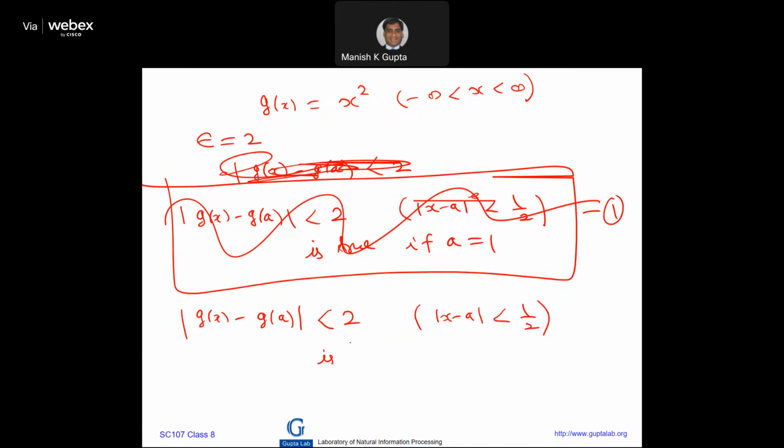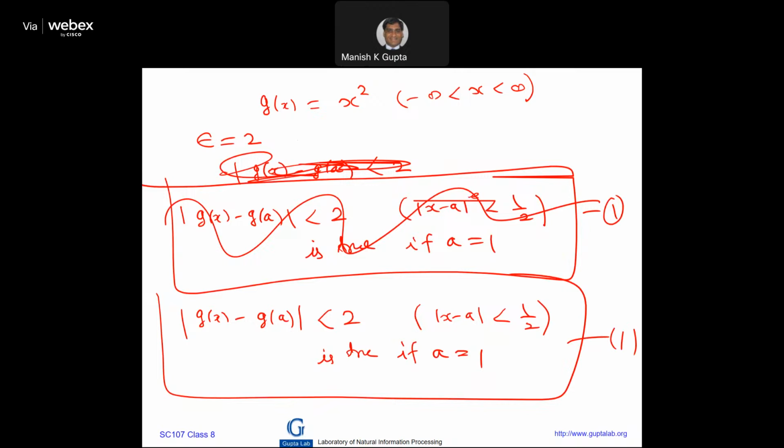This is true if a is equal to 1. This is equation 1. So mod of g of x minus g of a should be less than epsilon whenever mod of x minus a is less than delta. I am taking delta equal to half. You can see that if I take a equal to 1 and delta equal to half, everything is valid. This inequality is valid where g of x is x square. Let me show you. Okay, everything is okay.